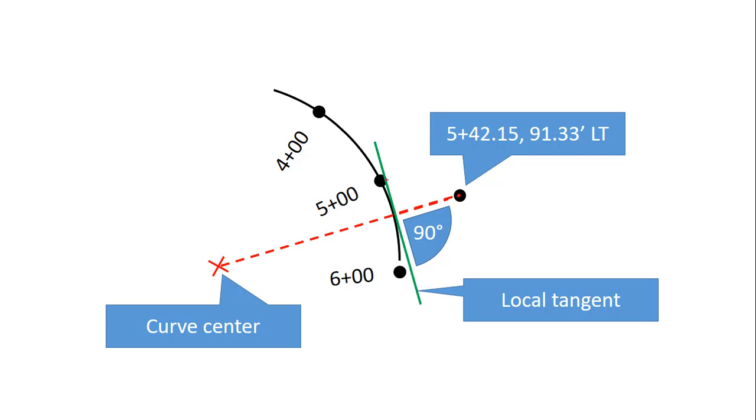So along the curve, we know that that is 42.15 feet, and the distance out is 91.33 feet, and because this is going up station, it's left of the baseline, so it's 91.33 feet left.